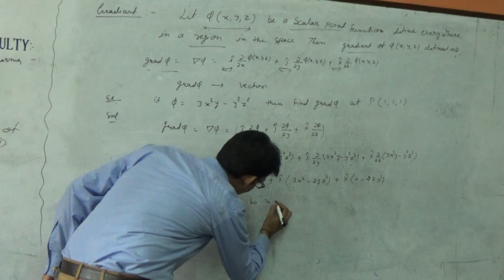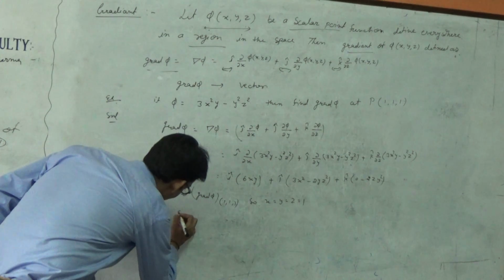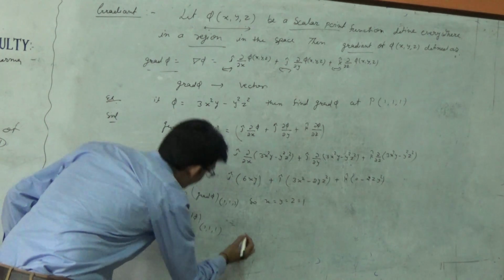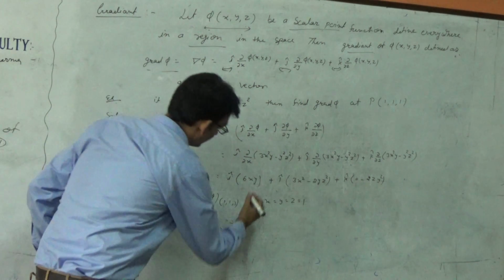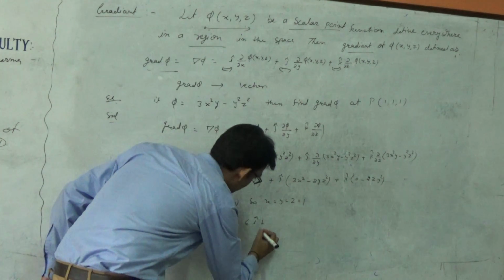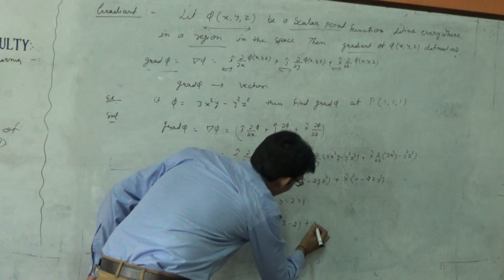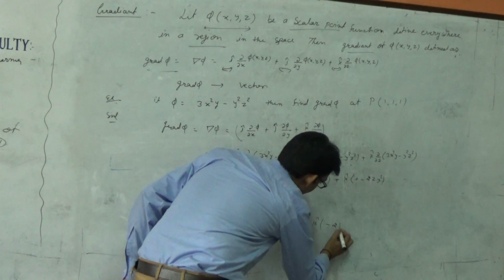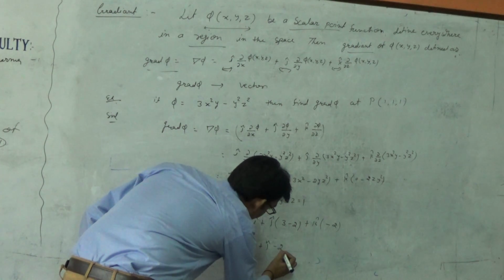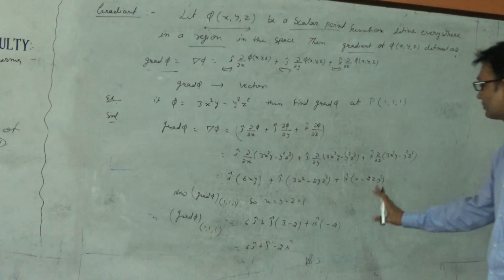So we get grad phi at (1, 1, 1) equal to 6i plus j times 3 minus 2, plus k times minus 1. So it becomes 6i plus j minus k. This is your answer. Very simple.